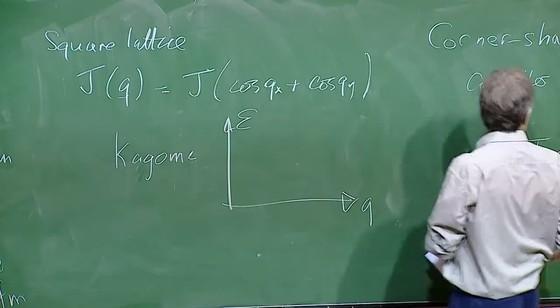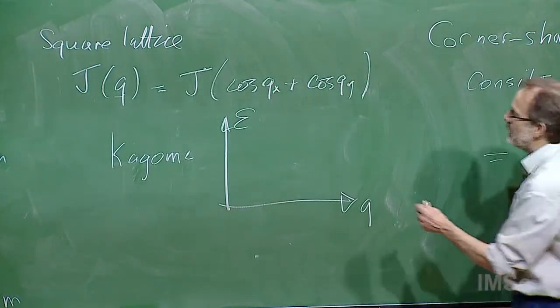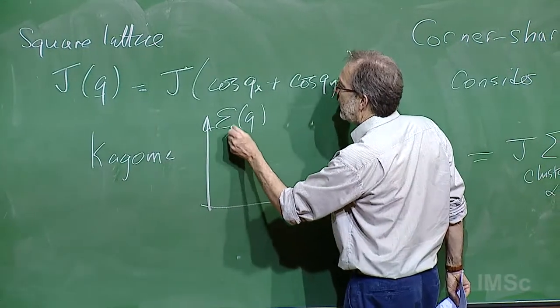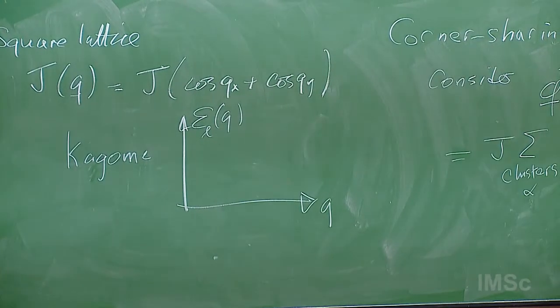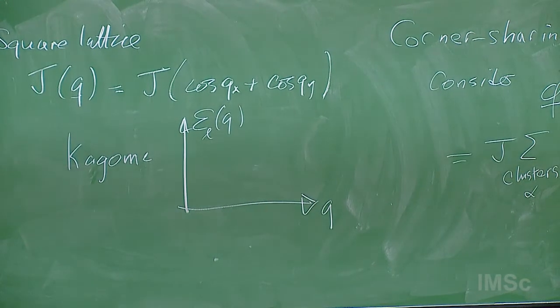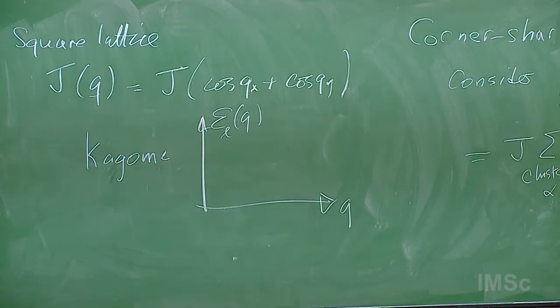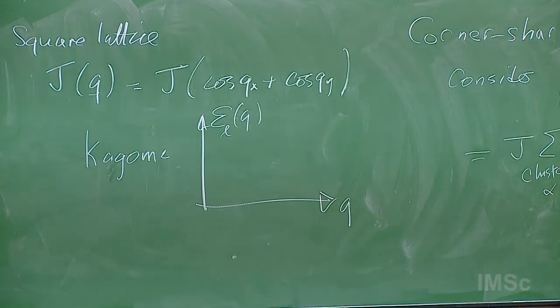So we have the different eigenvalues of this exchange matrix, which we can label by J and some L, which tells us which band we're in. Again, the point is that translation invariance gives you a 3 by 3 matrix, and then you can diagonalize that, and you get 3 bands.